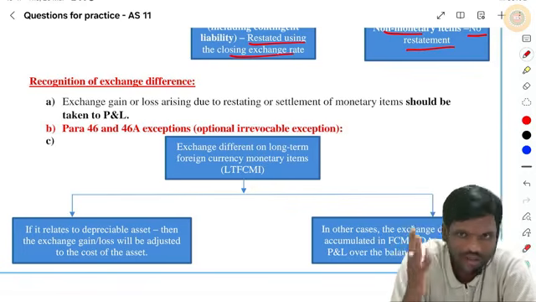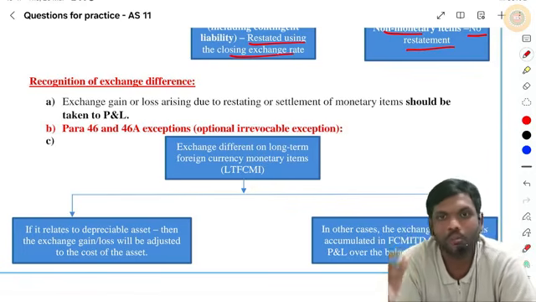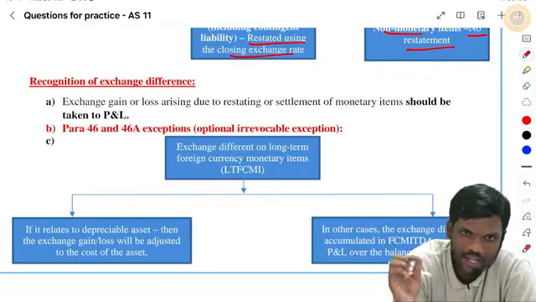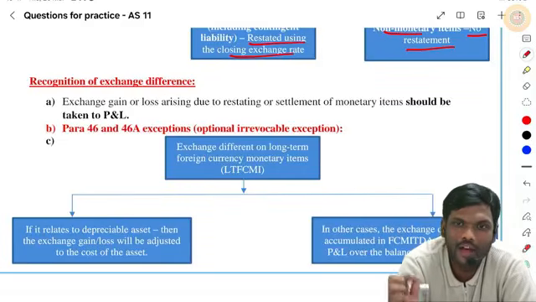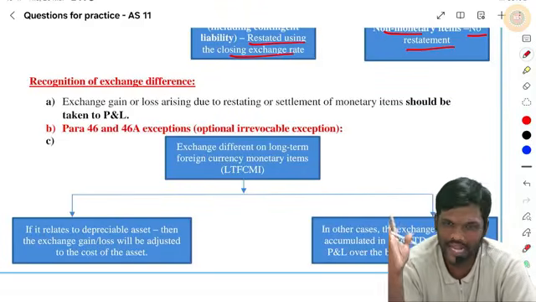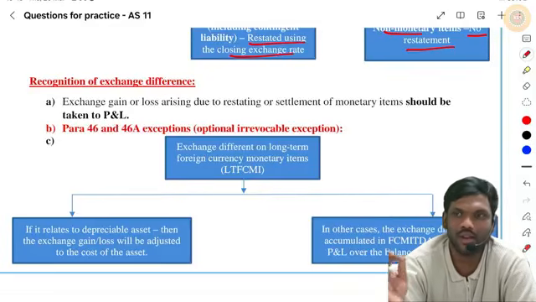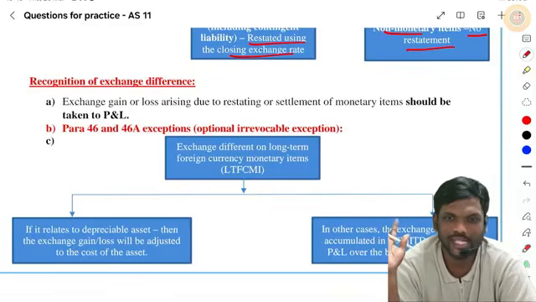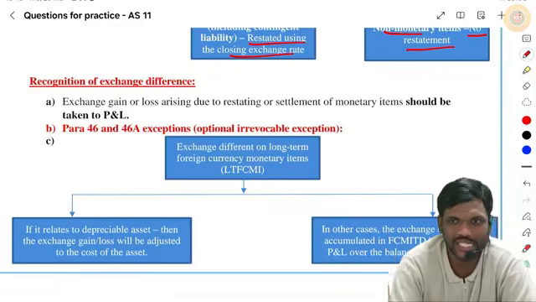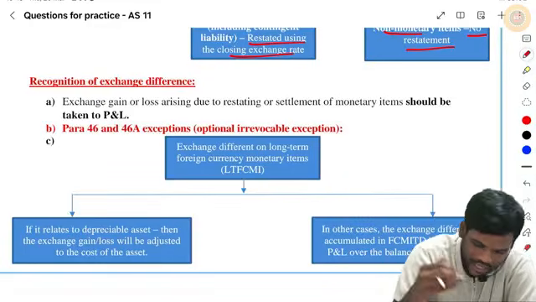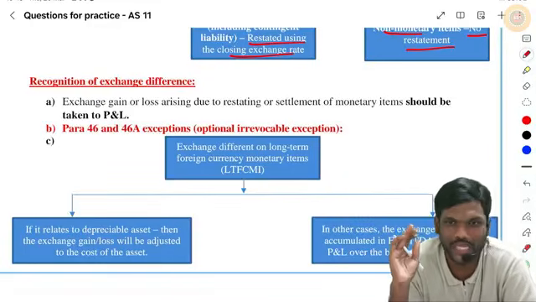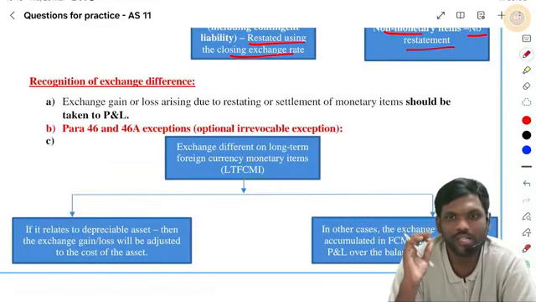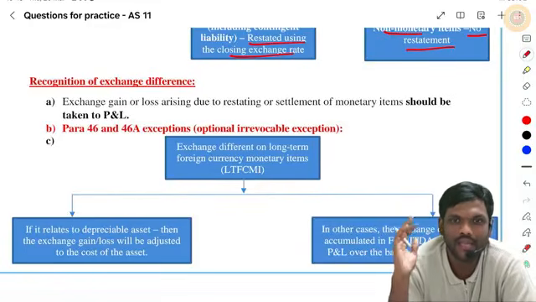But to give a relief, there is also an option given in para 46A of AS11. That is why this is called practically as para 46A. Tomorrow if somebody says para 46A option, they are talking about what we are going to discuss now.